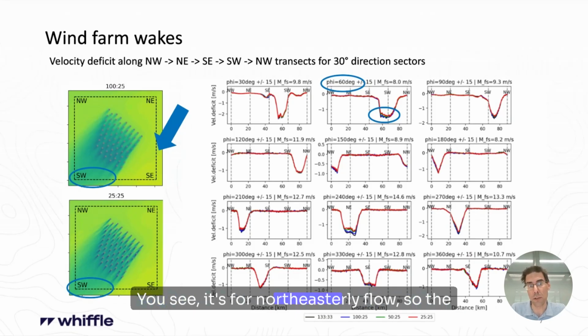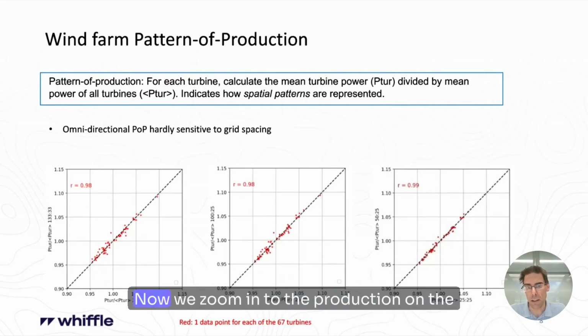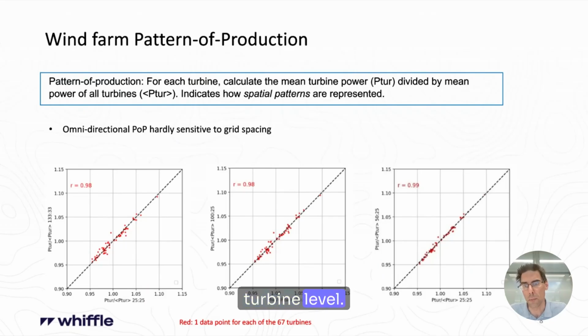You see, it's for northeasterly flow, so the wake is directed towards the southwest. And when you look at the corresponding panel on the right-hand side, you indeed see a large velocity deficit for the southwest direction. So when you look at these 12 directional plots, we see that the impact of the grid spacing on the velocity deficits, so on the downstream wind farm wake, is quite small, although for some wind direction sectors differences exist.